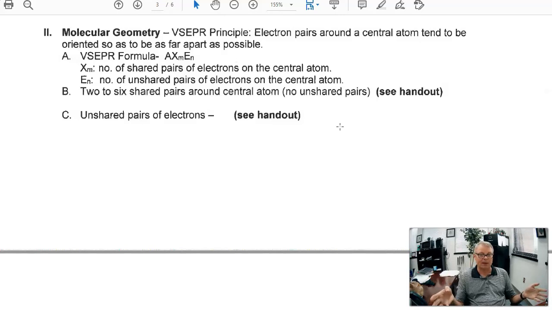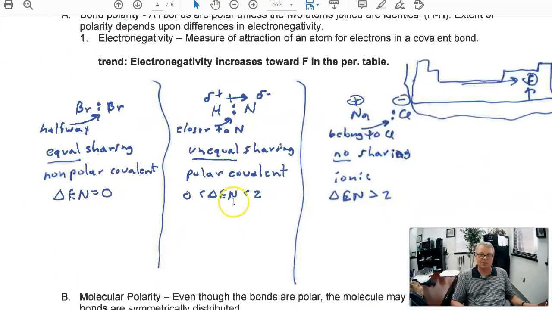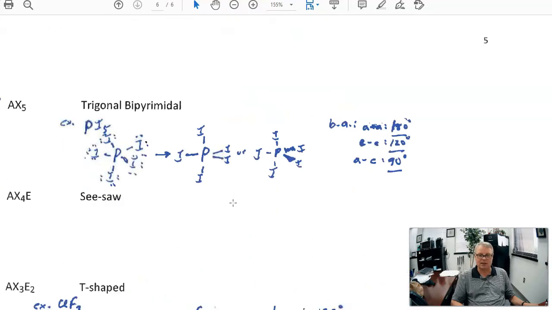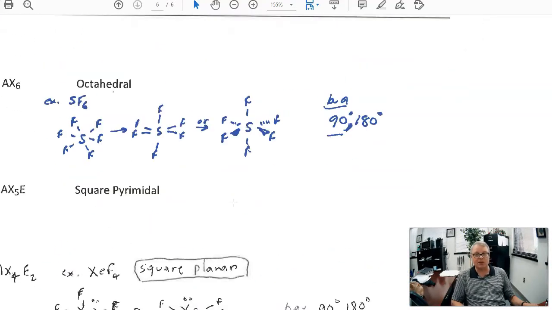Okay? Now, there is a big chart in your book, and what I have done is I have actually made a handout for you, and that's at the end of these notes, that has all the shapes. And there's like 14 or 15 different shapes down here. Tons and tons and tons. Some of these I filled out for you. Some of them I didn't, actually.